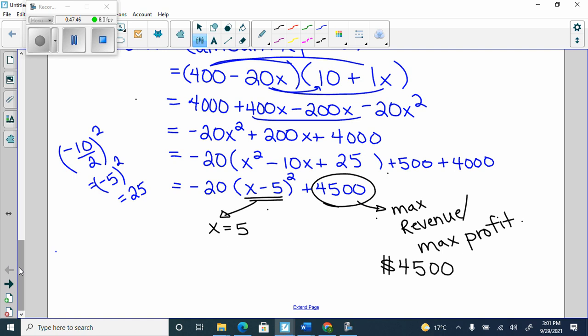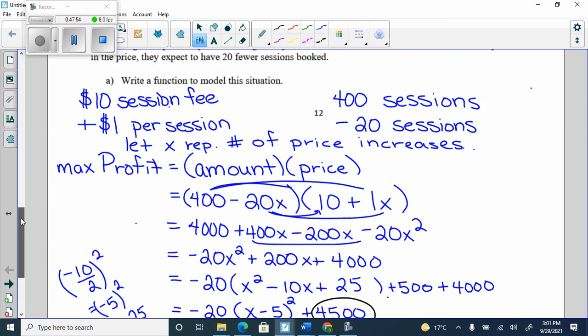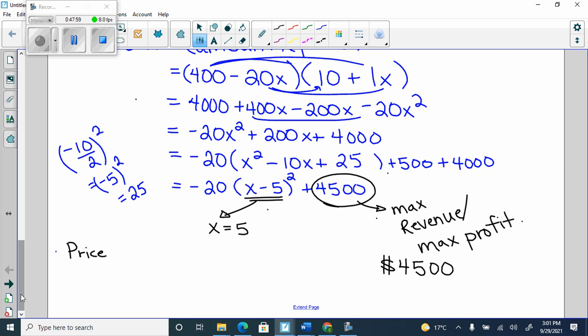Well, we had price. The price was actually 10 plus 1x, right? And now we know x is what? 5. So it's going to be 10 plus 1 times 5.